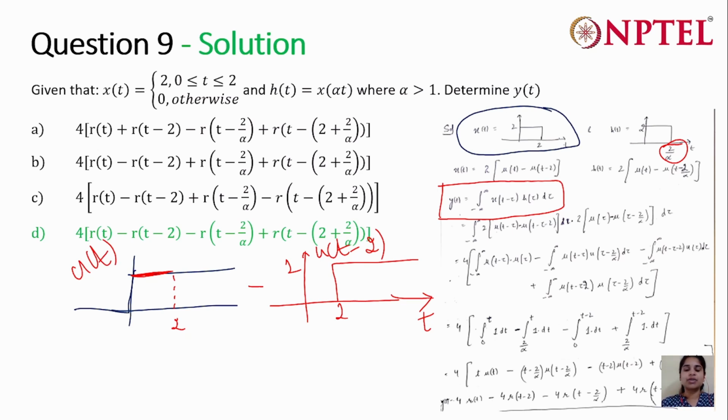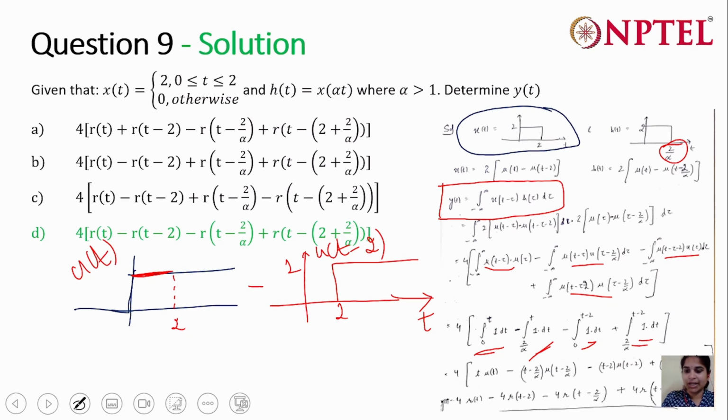And then you have to write x of t minus tau, and based on u of t, we have to change the limits. Here, if you see, in all the 4 places we just have a product of 2 unit steps. So with this you have to find the limits of integration, and then inside we just have 1.